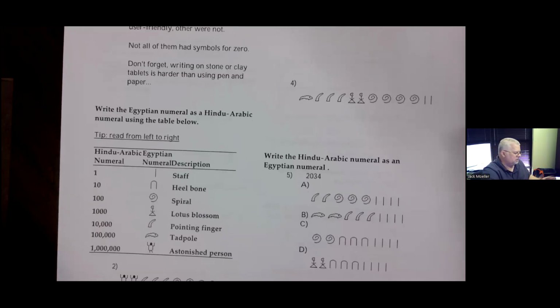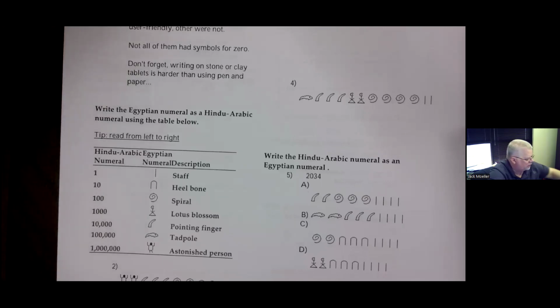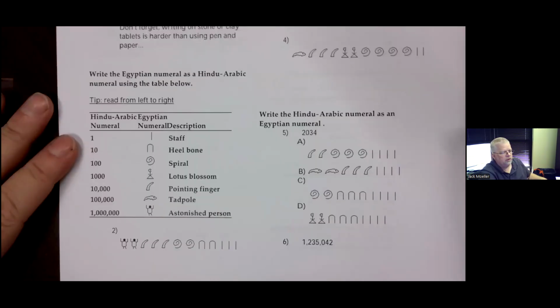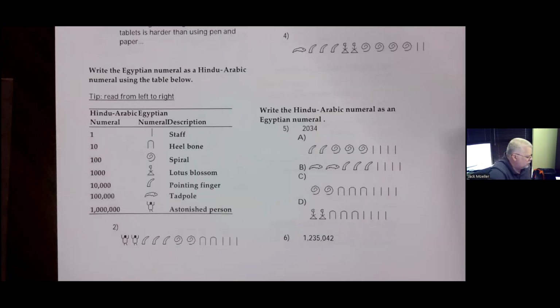I don't think we need a lot of other background on this like we did with 4.2 and 4.3, so let's just jump in and see if we can do some translating. We'll start with the Egyptian number system. You're going to have all these symbols in the homework on every problem, so you don't have to have them memorized. You just have to know how to use them. Egyptians liked their hieroglyphics.